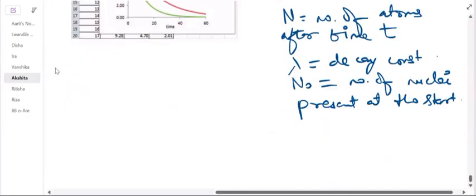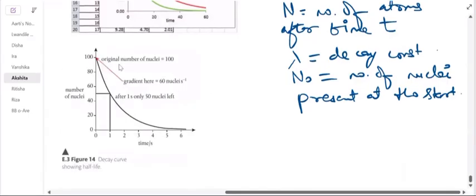Check here. Original number of nuclei are 100. In 6 seconds, they get decayed completely.